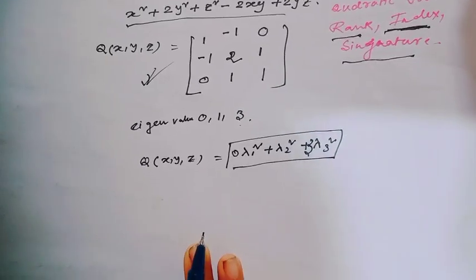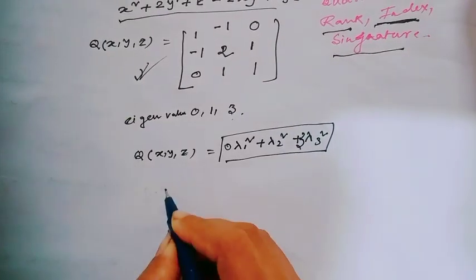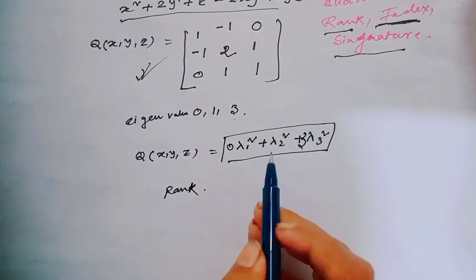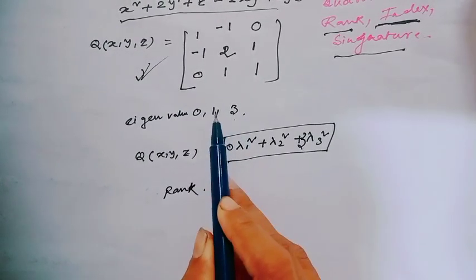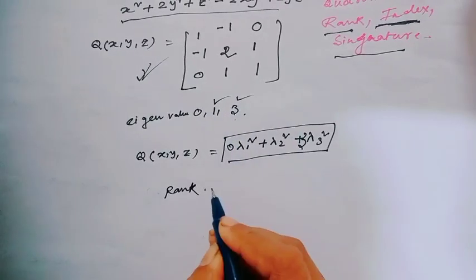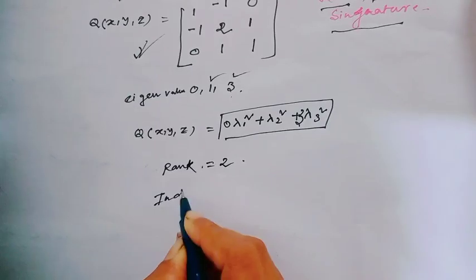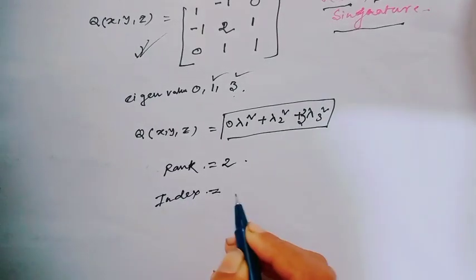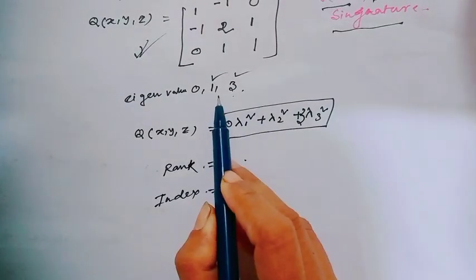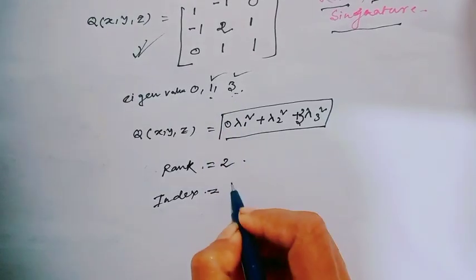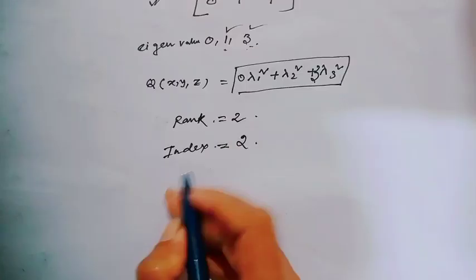Therefore, rank means the number of non-zero eigenvalues. Since here the number of non-zero eigenvalues is 2, the rank is 2. Index means the number of positive eigenvalues. Since notice here the number of positive eigenvalues is 2, the index is 2.